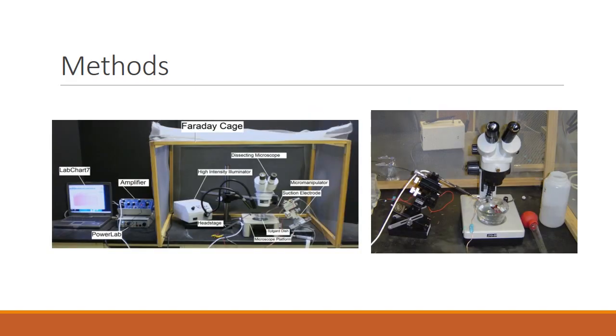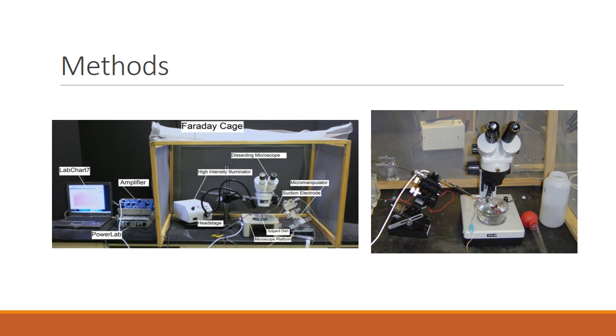Here's the experimental setup that was used in this procedure. A glass microelectrode was used to measure intracellular recordings from the crayfish extensor muscle, which was exposed via dissection and placed on a Sylgard dish.